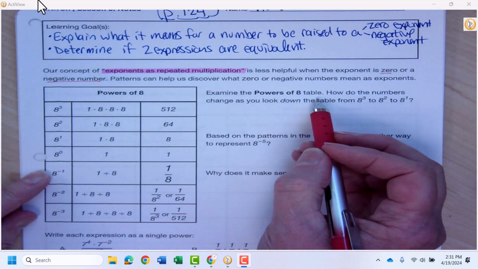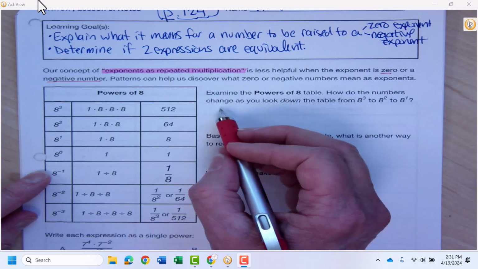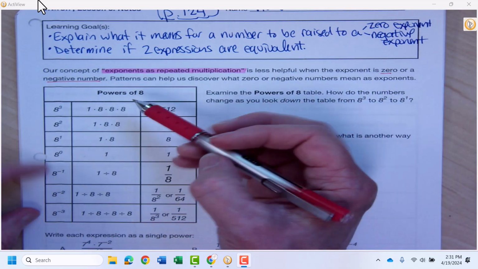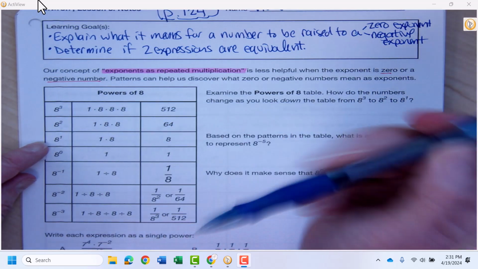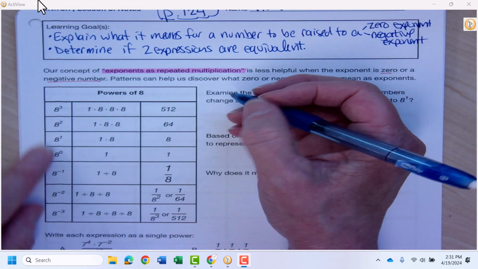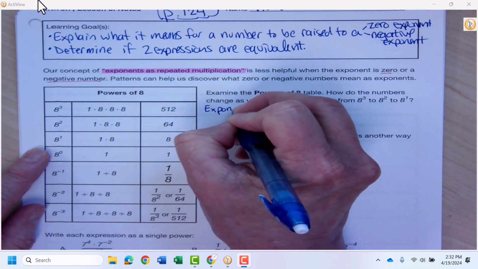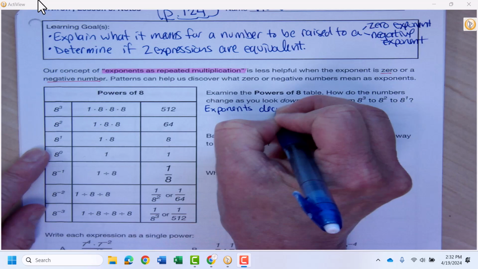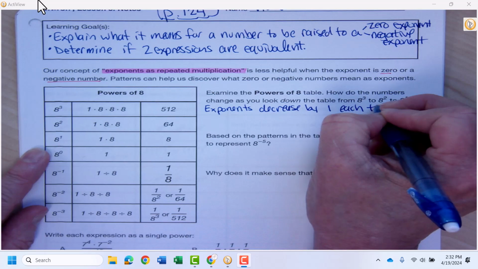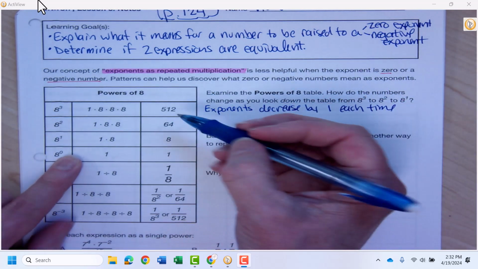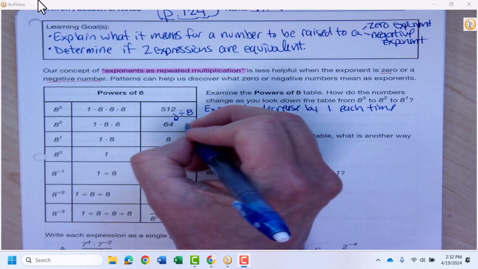So as we look at that powers of 8 table, how do the numbers change as you look down the table from 8 to the third power to 8 to the second power to 8 to the first power? Well, I can see that in this first column, the exponents are decreasing by 1. And in the second and third columns, I'm really dividing by 8 with each change in level.